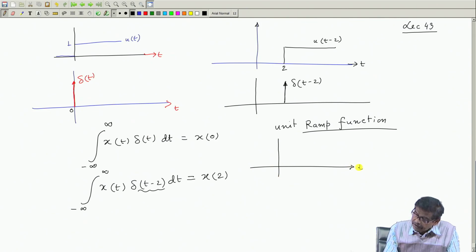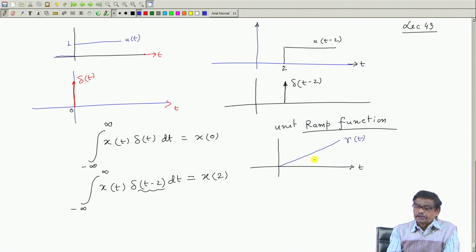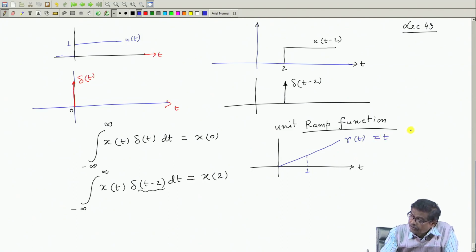With respect to time, the function goes linearly, and it is called r(t). The slope is 45 degrees, so at t equal to 1, r(t) is also equal to 1. r(t) is nothing but t for t greater than 0.